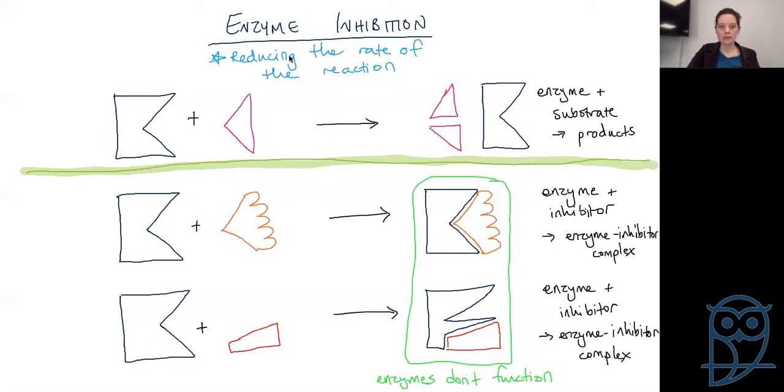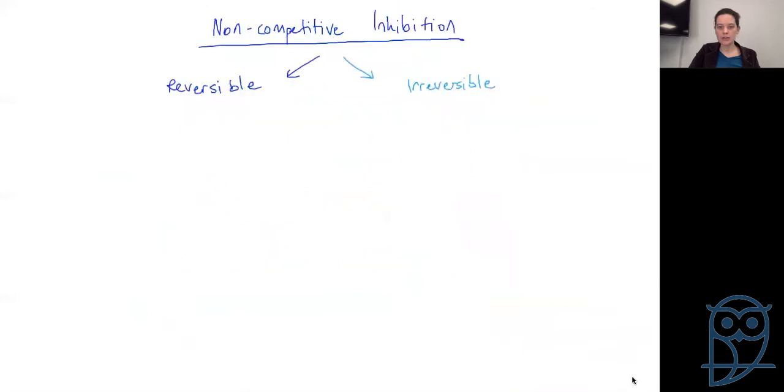Okay, so if we then go back and consider our non-competitive inhibition. If it is reversible, it has to be bonding somewhere else. Okay, because if it was bonding reversibly in an active site, then we'd be competitive.